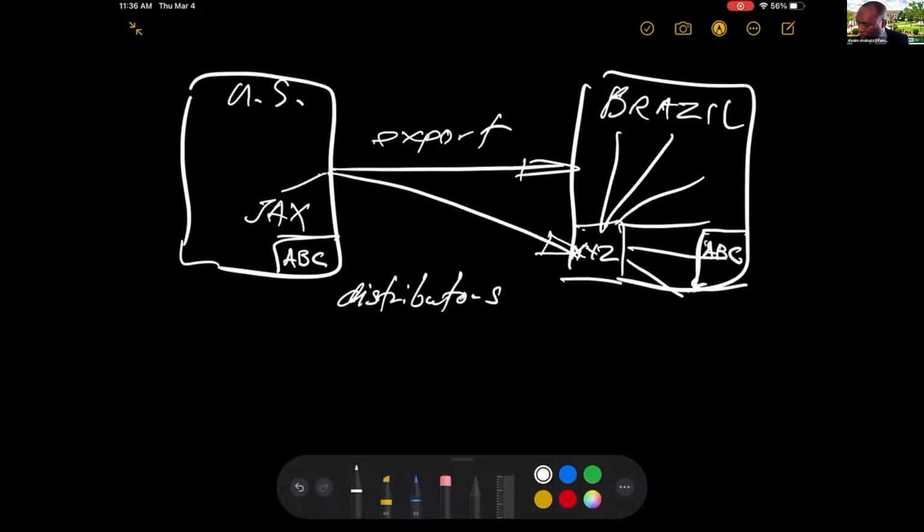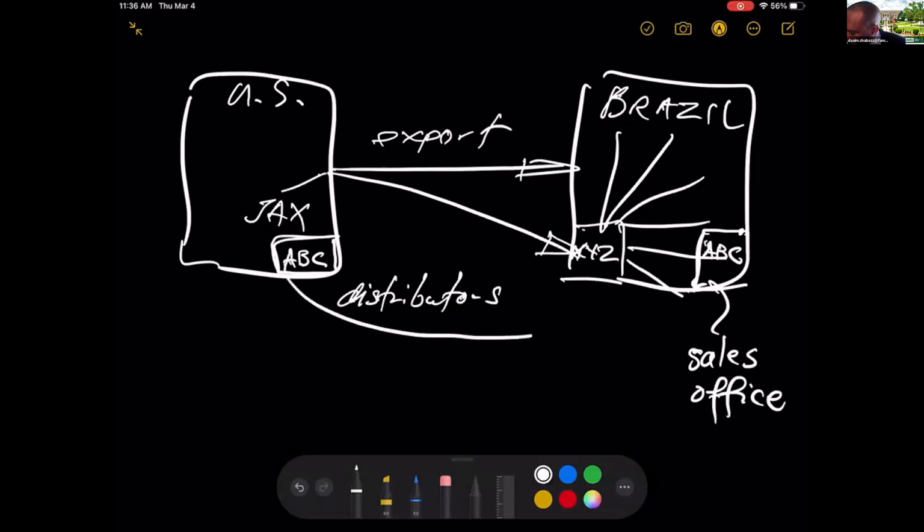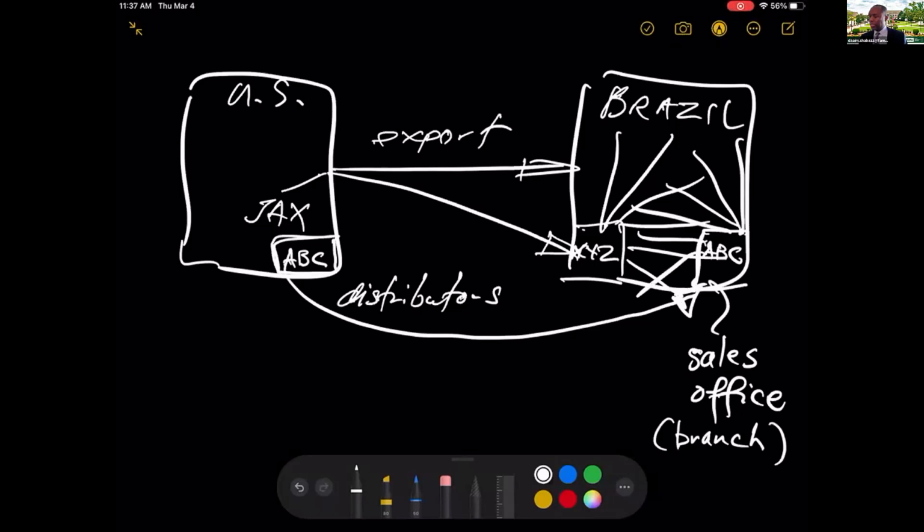You take orders here in Jacksonville, or let's say in Tallahassee, and then ABC, which is your, let's say it's your sales office, can then get these products from you and then the ABC sales office would distribute these products. So this is more of a sales office or kind of a branch situation.